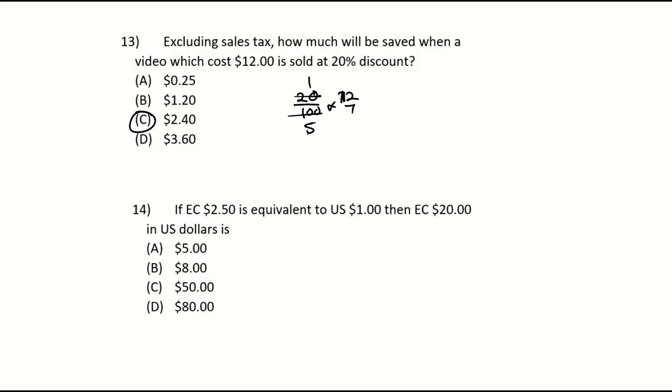If EC $2.50 is equivalent to 1 US, then 20 EC is how much US? Again, remember I told you guys, and we had a similar question to this, it is better to convert the US to EC. So take these answers and convert them to EC and see which one is 20.